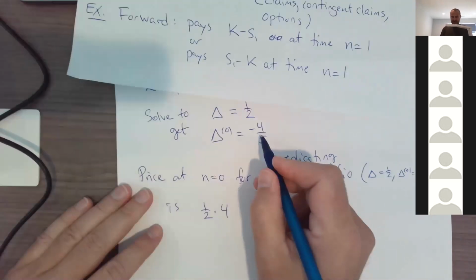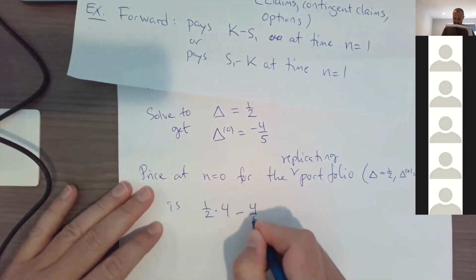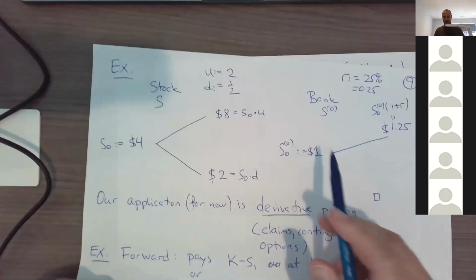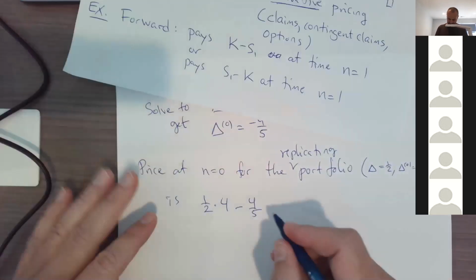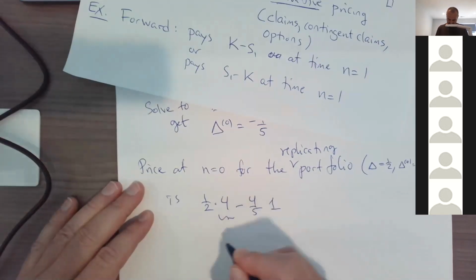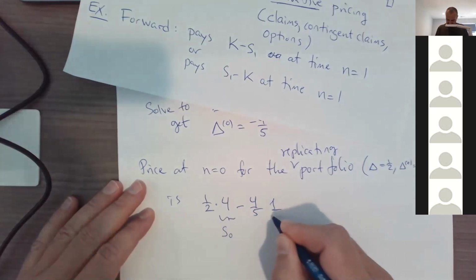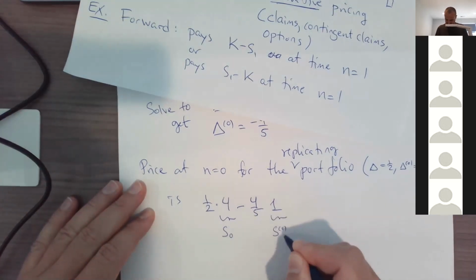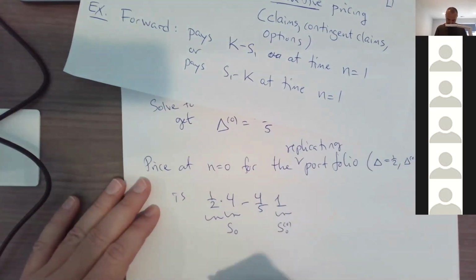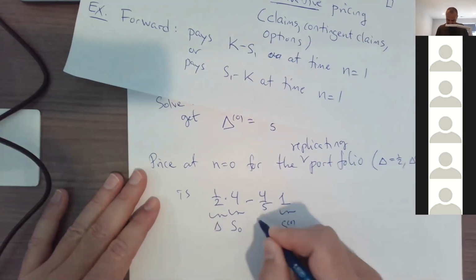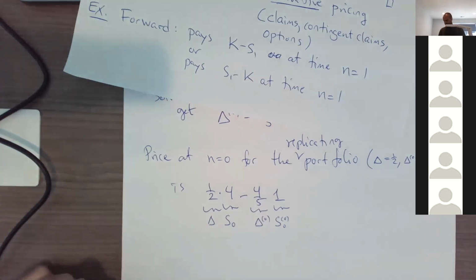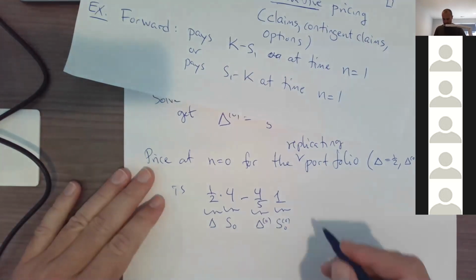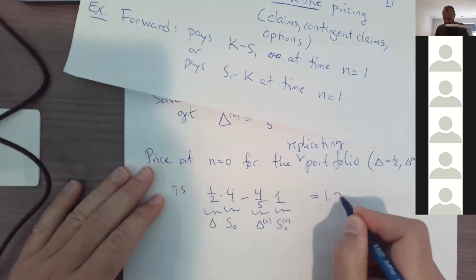And then the bank account, this was minus 4 over 5 times the value of the bank account at time 0, that's 1. What I have here is my bank account at time 0, what I have in front is my delta, and what I have here is my investment. I'll work out what this is. This is 1.2.